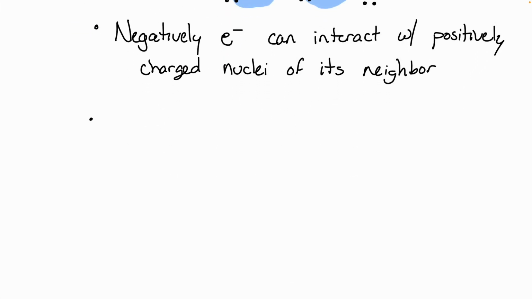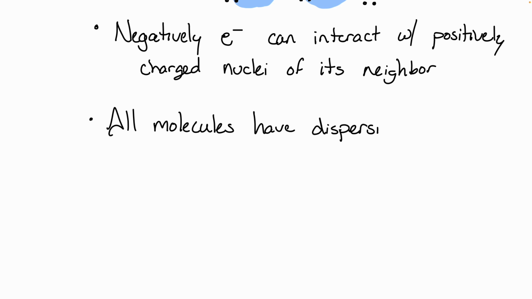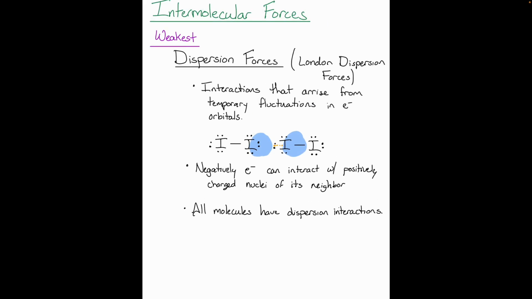All right, now importantly, because all molecules have electrons and nuclei, all molecules have dispersion forces, or dispersion interactions, let's say. Okay. But importantly, because these are the weakest, if molecules have anything stronger, you don't really think about them, because if there are a bunch of stronger interactions, these ones are going to be negligible.